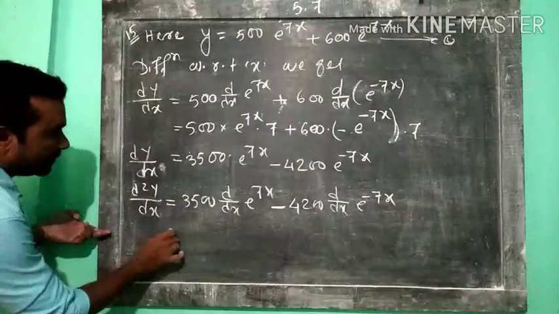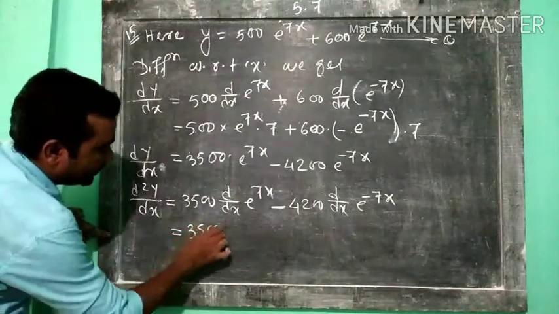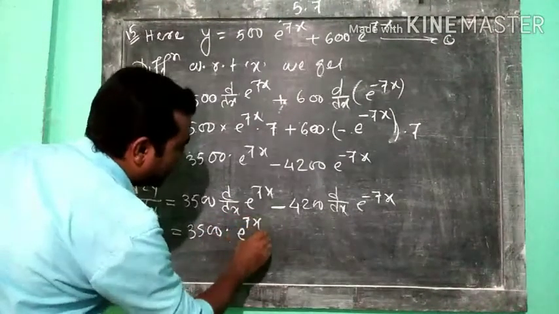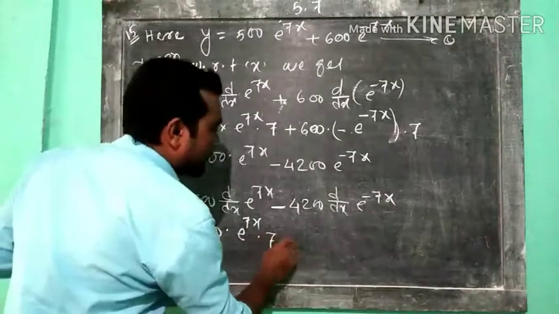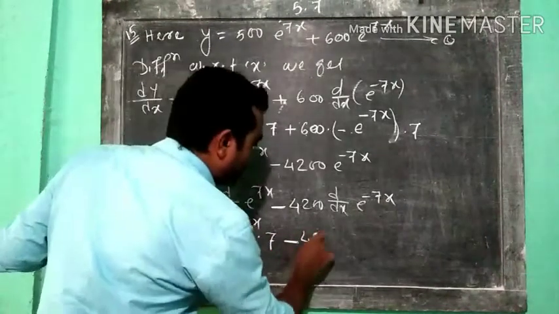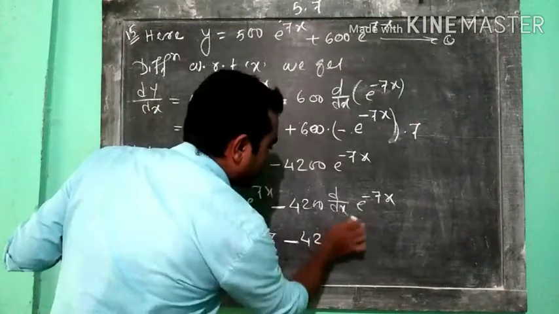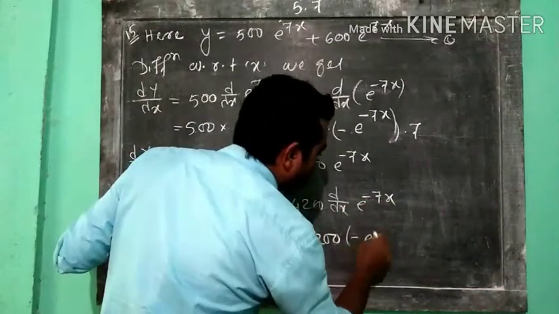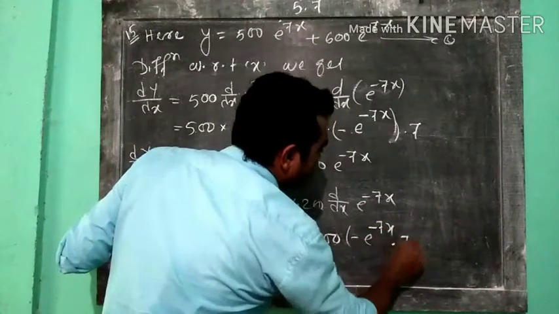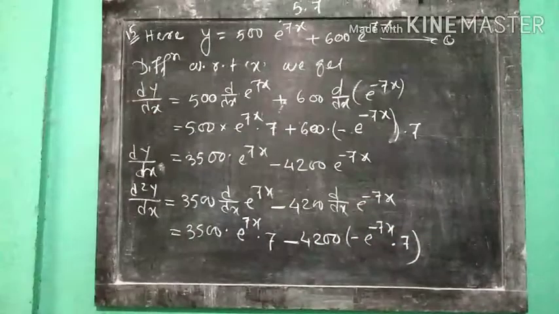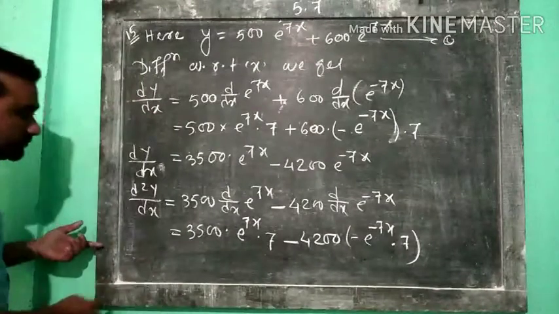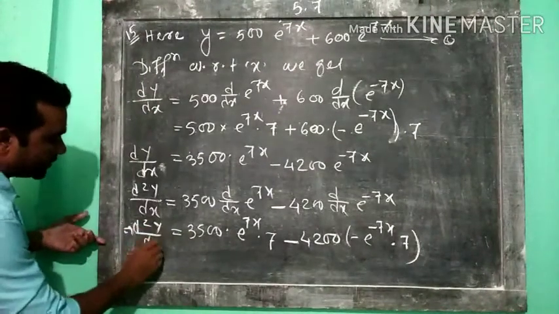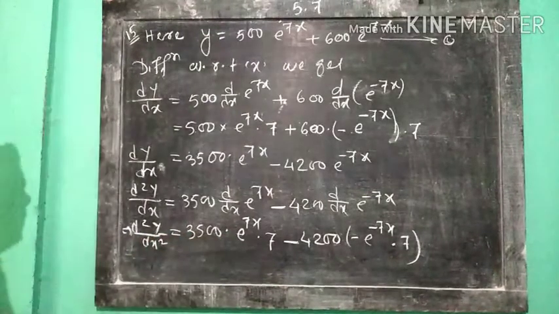So this is equal to 500 d/dx of e to the power 7x, which is e to the power 7x into 7, minus 4200 e to the power minus 7x into minus 7. This implies d2y/dx2 is equal to this.